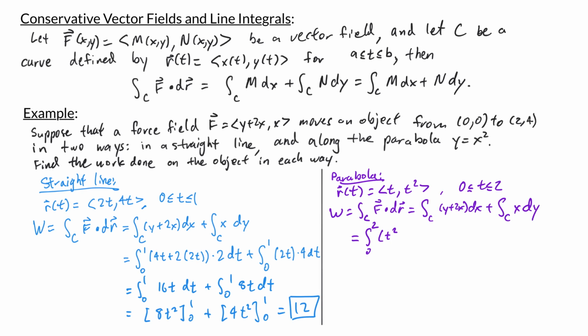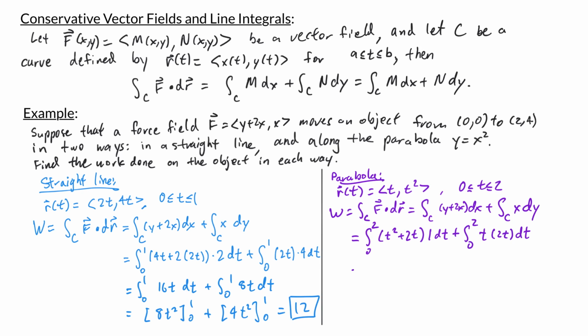Then I have plus 2x, so that's plus 2t. dx is x prime of t dt. So x prime of t is 1, and then I have dt. Plus the integral from 0 to 2 of x, which is t, times dy. dy is replaced with y prime of t dt. So y prime of t is 2t, and then I have dt.